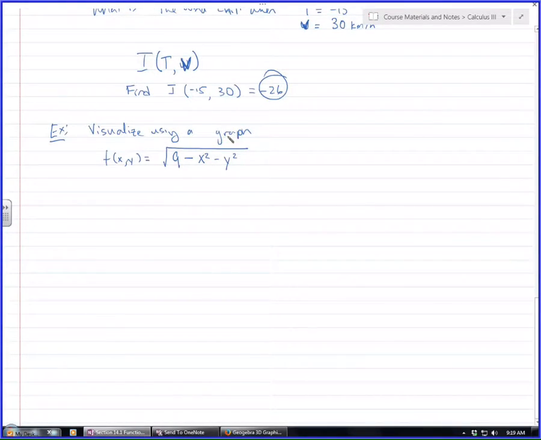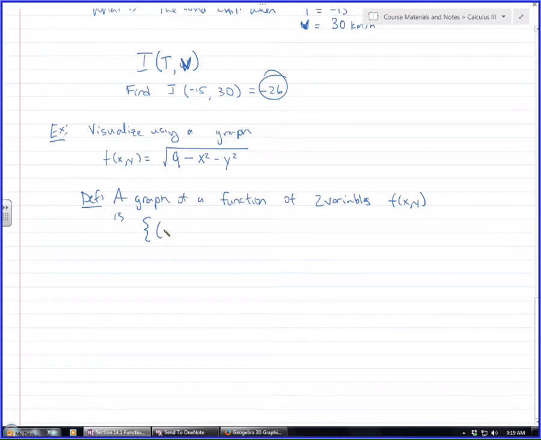So what do I mean by visualizing with a graph? Well, real quick, let's write this down. The definition of a graph of a function of two variables, say f of x comma y, is simply a set.